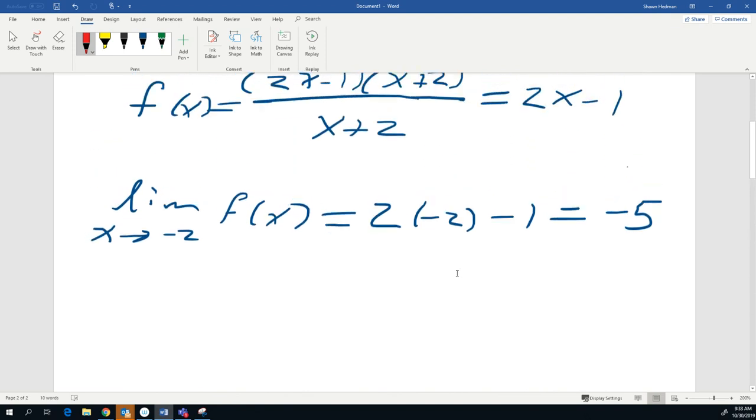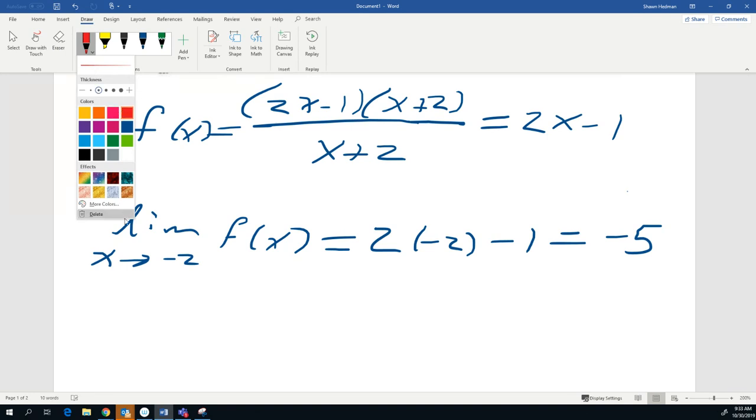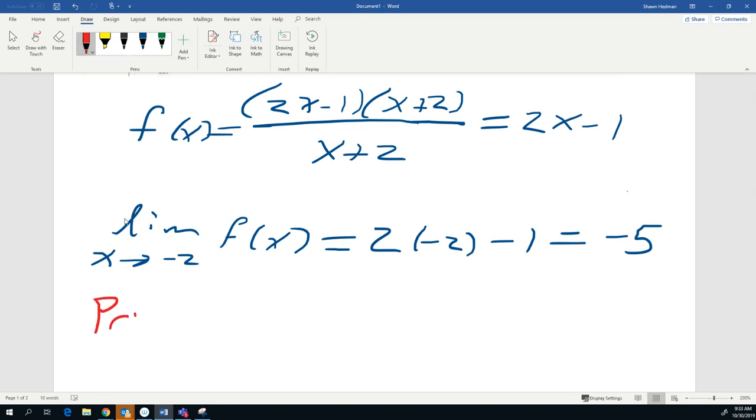Now I'm going to go up and write the proof. And when I write the proof, I'm not going to assume what I want to prove. This is really going to be the same work we just did, but reordered a bit. So in our proof, I'm going to look at the definition. And the definition says, for any epsilon bigger than 0, there exists a delta bigger than 0, so that something is true.